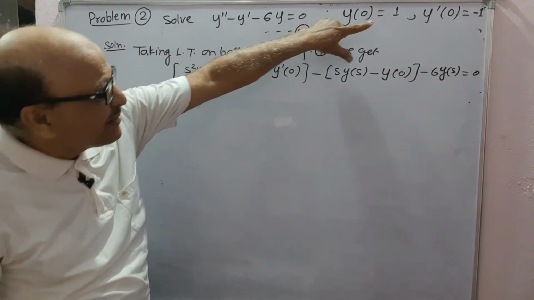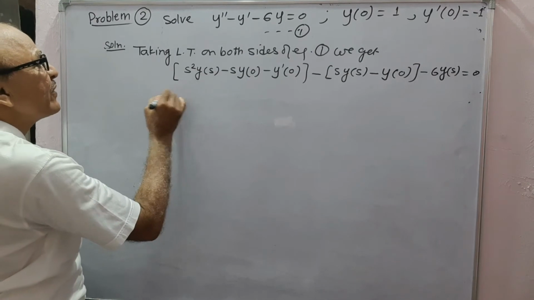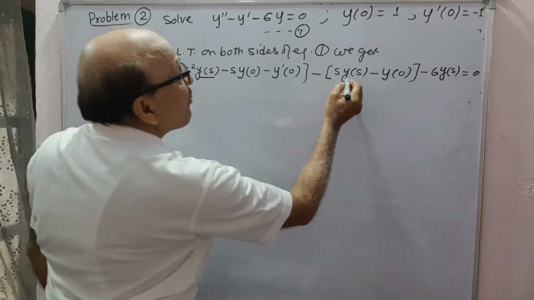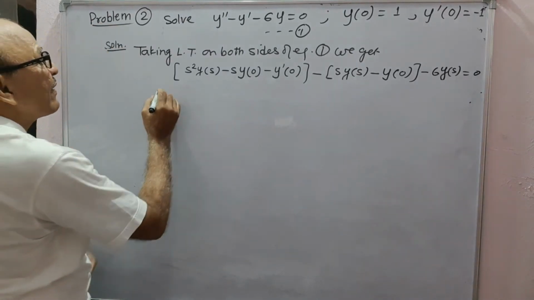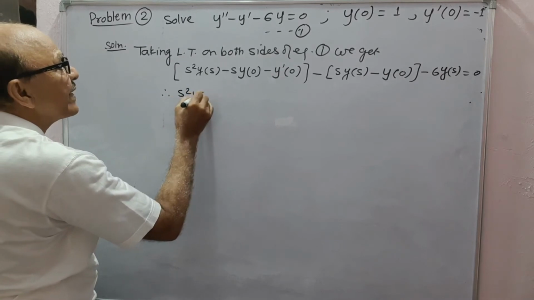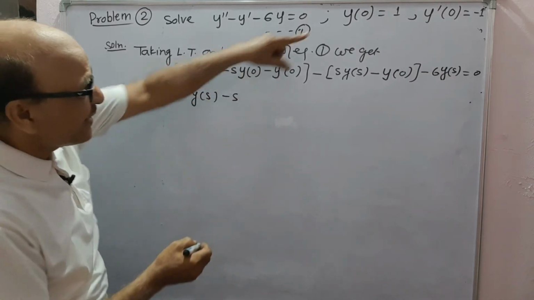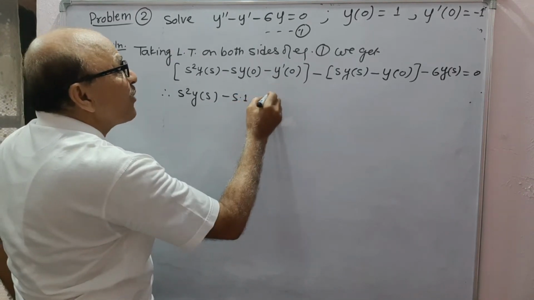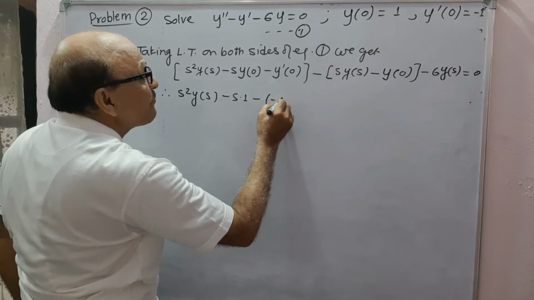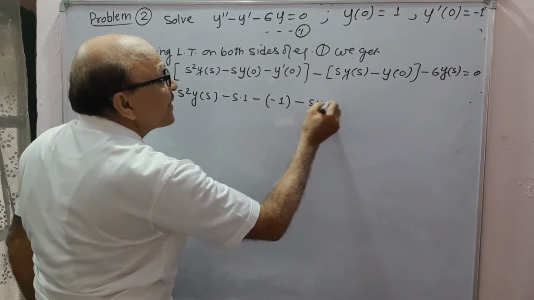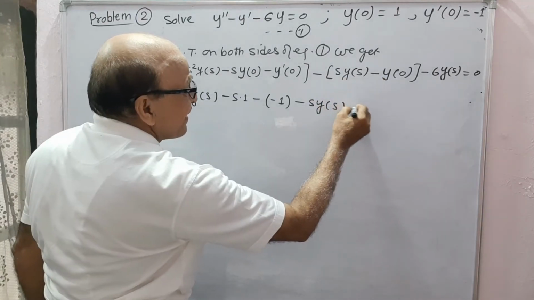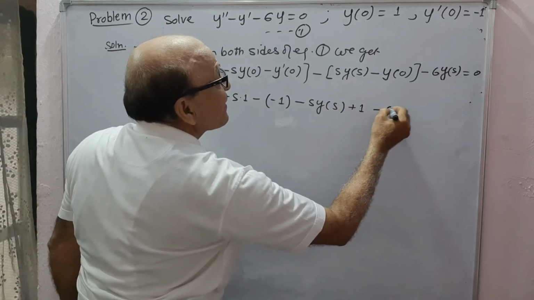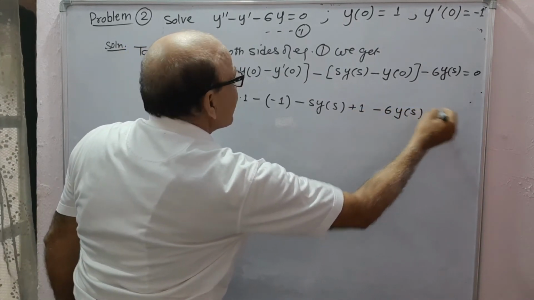Now we apply initial conditions. Therefore, s square y s minus s into 1 minus y dash 0, means minus 1, minus s y s, minus minus plus y 0 is 1, minus 6 y s is equal to 0.